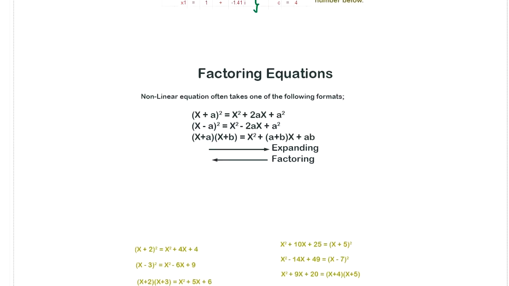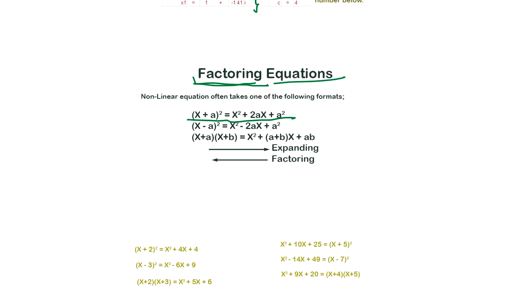Okay, so in order to calculate the roots, what we need to do is to factor the equation. In order to find out the roots, we have to do factoring. Factor the equation.